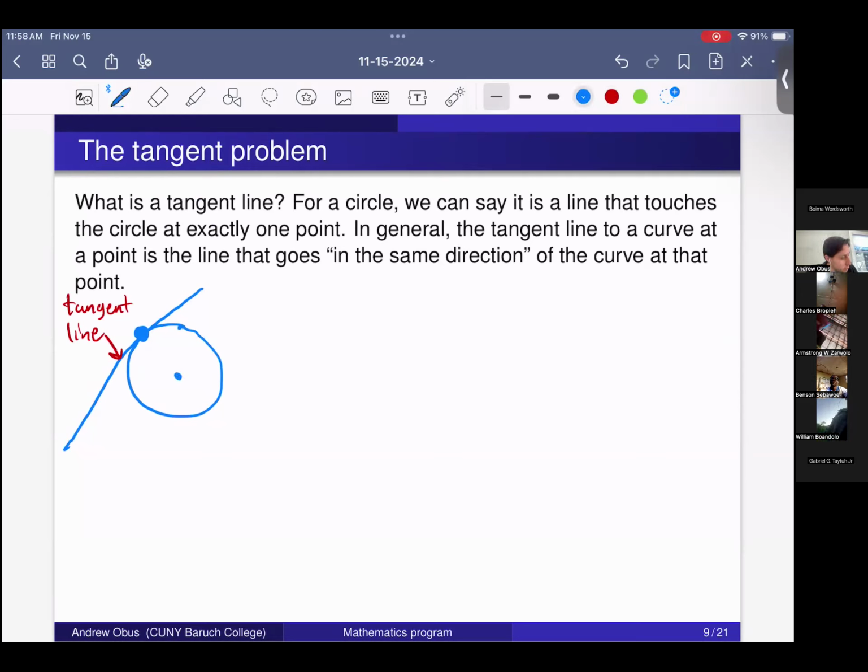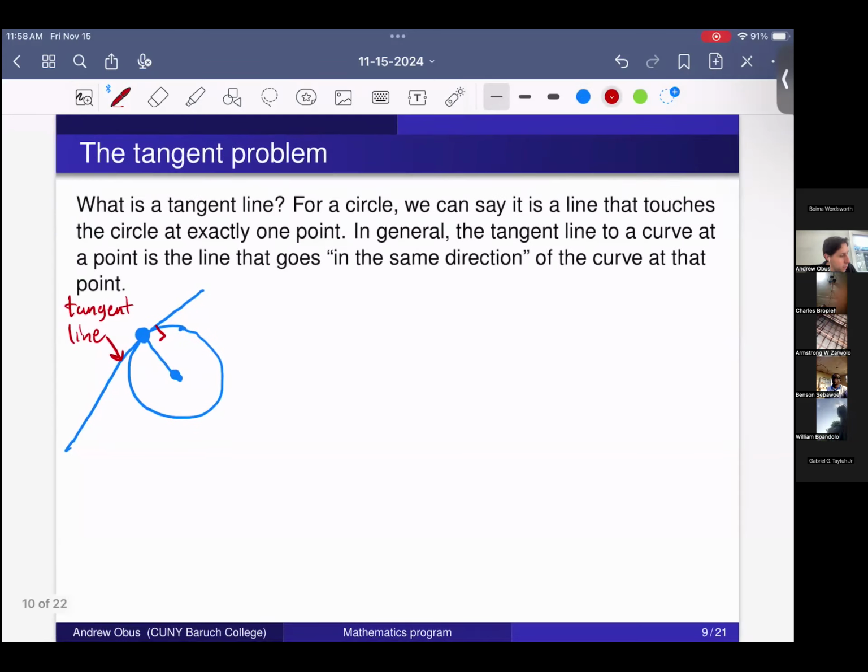Yeah, that's true. So if I draw the radius of the circle here, then it's going to form a right angle with the tangent line there. Great. So it happens to be perpendicular to the radius.